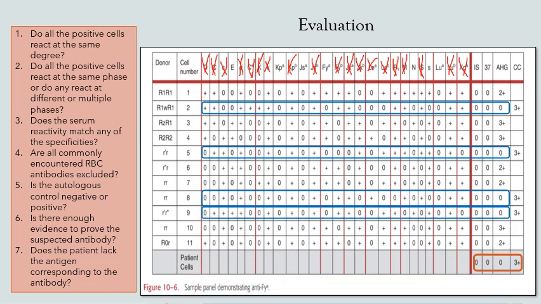Next, panel number 9. Panel number 9. So, excluded already. Yes. And then the large E. So we will not exclude large E here because it shows dosage with the small e.